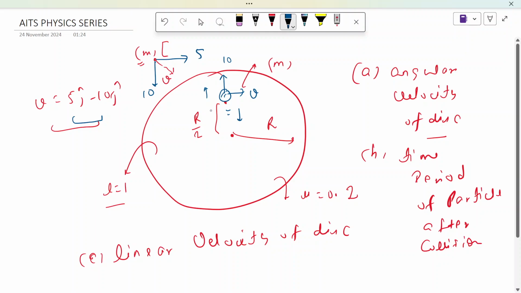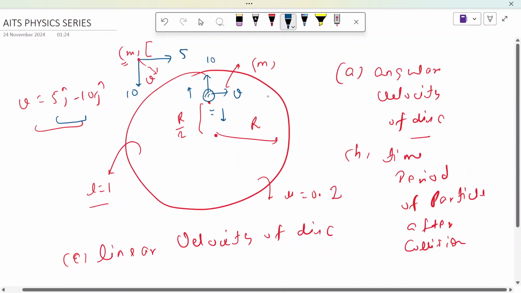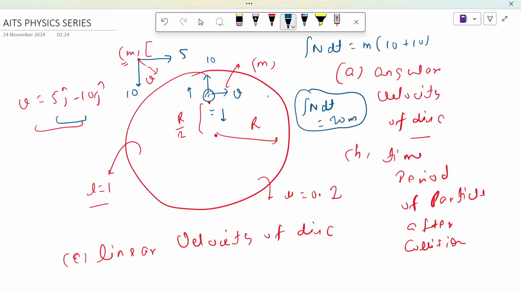We can calculate the integral of n dt as m into 10 minus minus 10, that is 10 plus 10, that is 20 m. So the integral of n dt provided to the particle as well as the disk is 20 m. Let's suppose the particle after collision has a velocity v in the rightward direction.